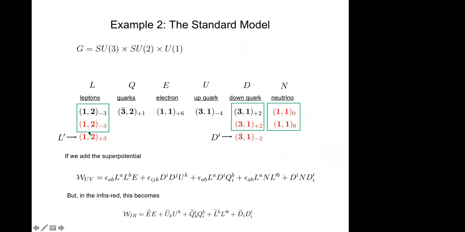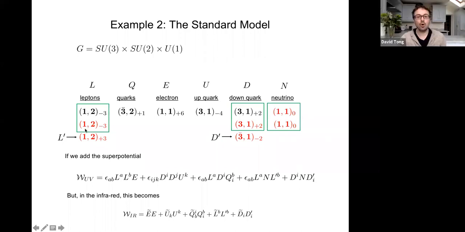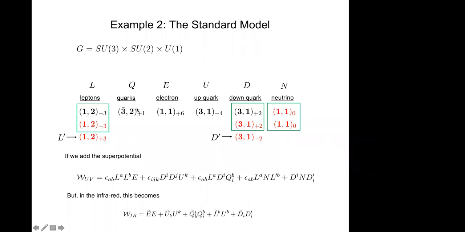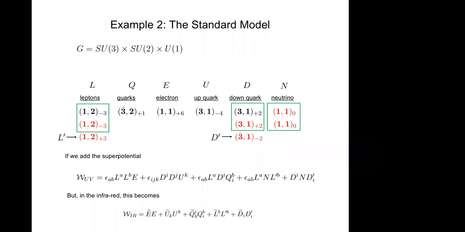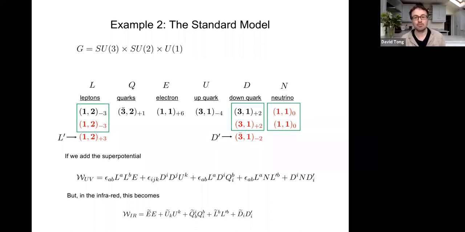No, everything listed here, R tensor R has some singlets, which are precisely the pairs in red. So there's nothing to prohibit me giving the pairs in red a mass. Right. That was my starting point. Everything in black cannot get a mass from an R tensor R representation. And everything in black, of course, is the standard model.